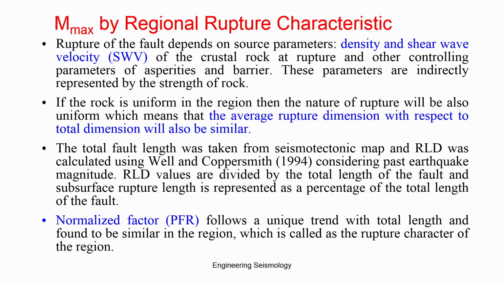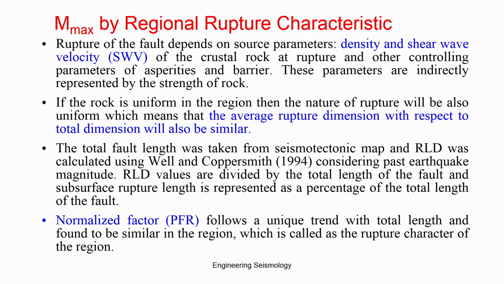In some places, if the rock is very weak, it may rupture larger for the same magnitude. In some places where the rock is very strong, it will rupture less for the same magnitude. Okay. So, if the rock is uniform in the region, then the nature of rupture will also be uniform throughout the seismic study area, which means that the average rupture dimension with respect to the total dimension will also be similar.